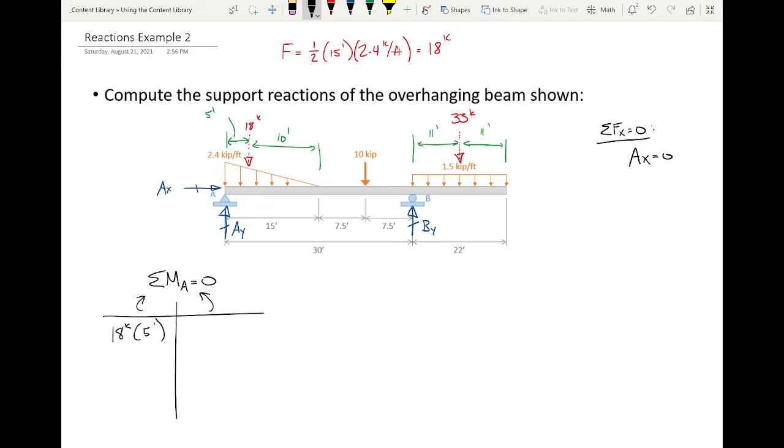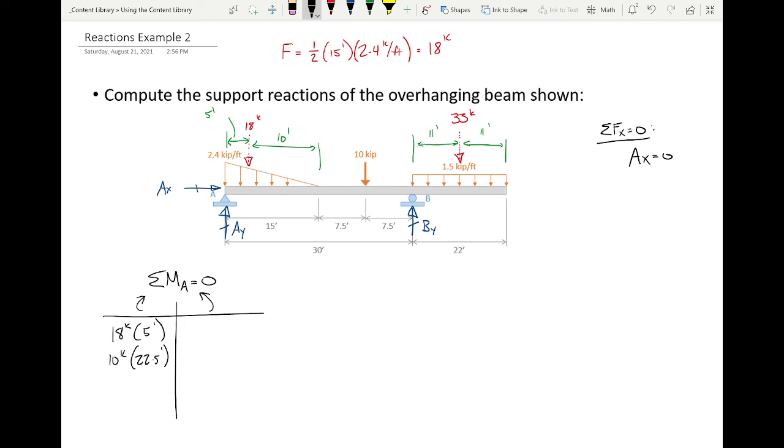All right. So we took care of that, took care of that, took care of that. What about that? Does that generate moment? Left or right? Left. And what's the moment arm? 22.5 feet. All right. What about this BY?